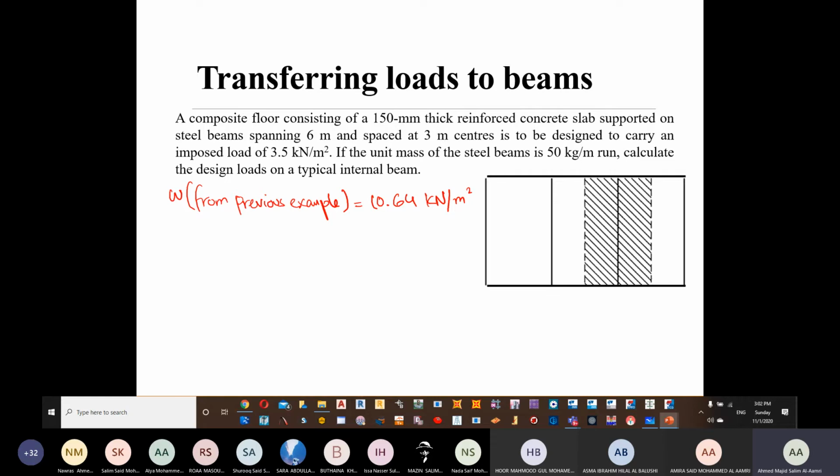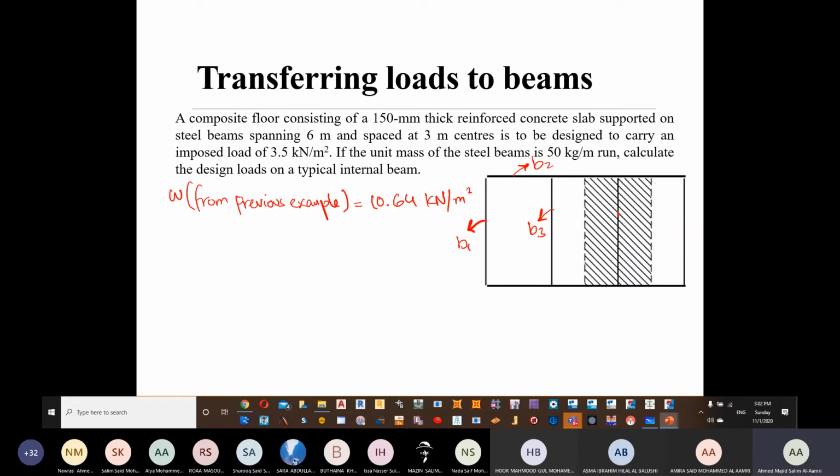So now we want to calculate for 3 beams actually. Let us say I want to calculate for this beam, beam 1, beam 2, and then beam 3.